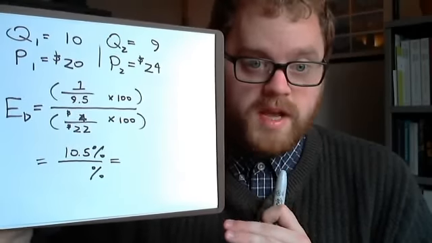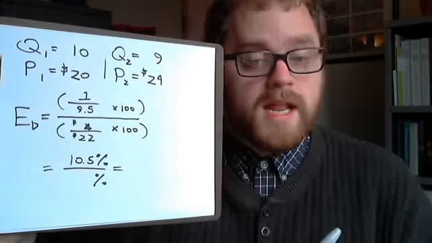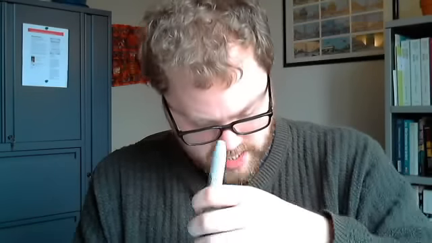And the numerator will have 4 divided by 22, which gives us 0.18. Actually 0.181818, but usually 2 significant digits is plenty. So 0.1818, convert to a percent, of course that'll be 18%. Alright, there we go.